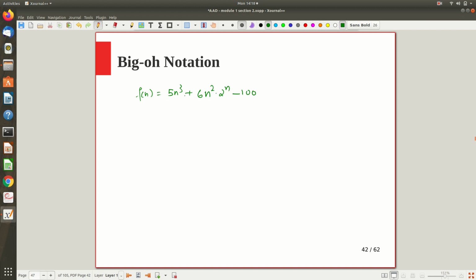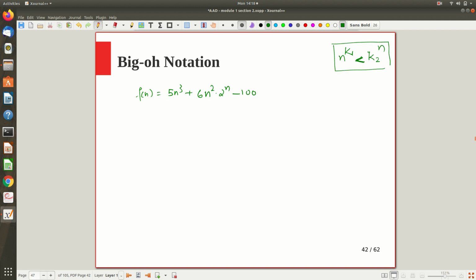As is obvious, here it is n cube, here it is n square, but this 2 power n is coming, right? And this is some constant. So remember this always: n raised to some constant k1, and another constant k2 raised to n. Whatever k1 and k2 are, the second quantity will always be greater.